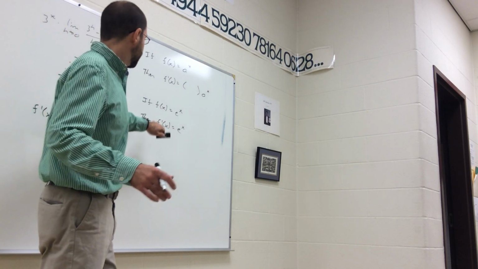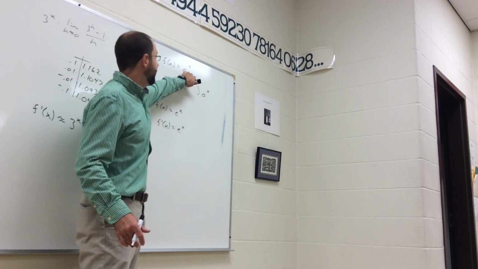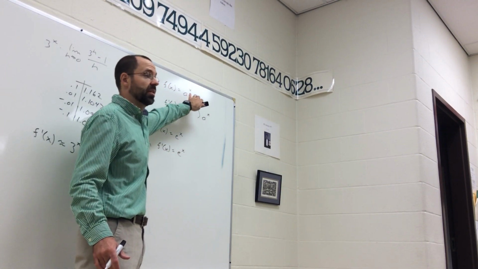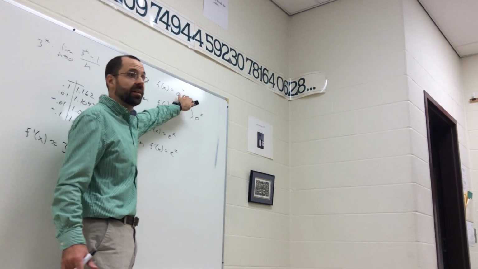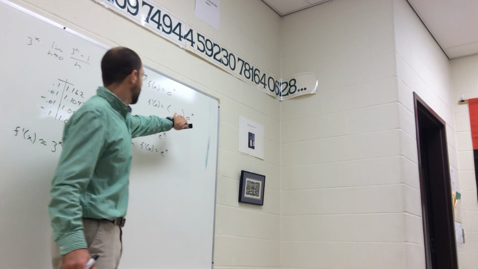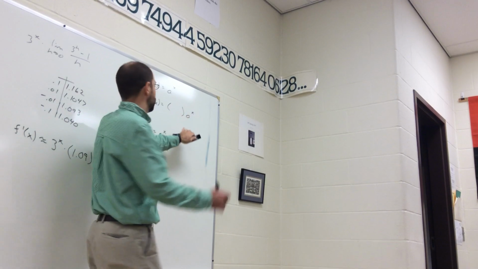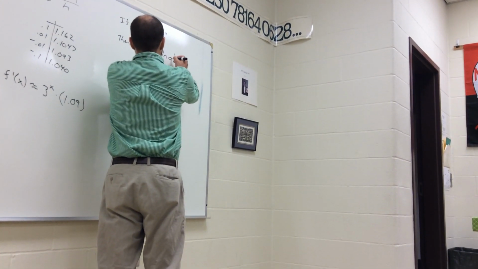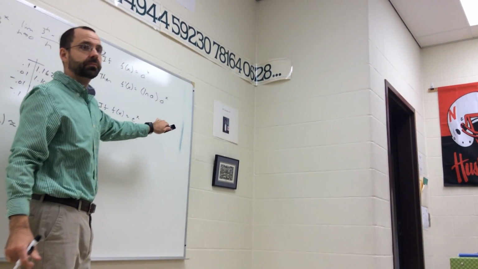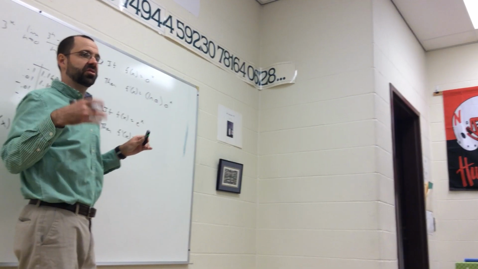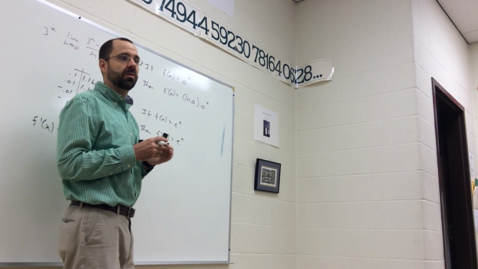Okay, but that just works when the number is e. But we need to know what this is when the number is 2, and when the number is 3, and when the number is 58. So it turns out that this number is the natural log of a. So real quick, just punch in natural log of 2.